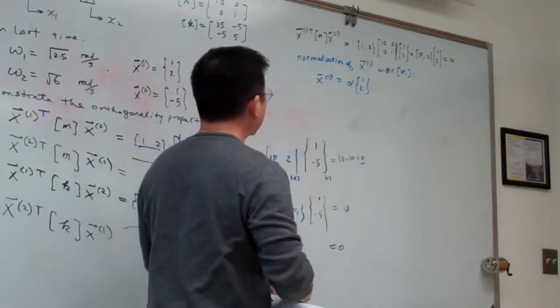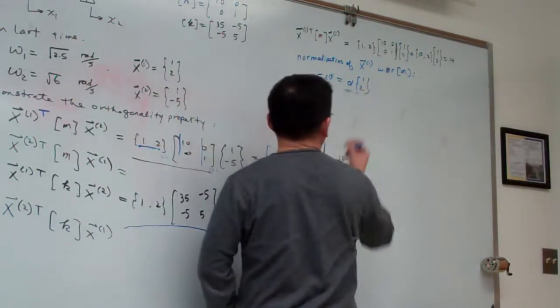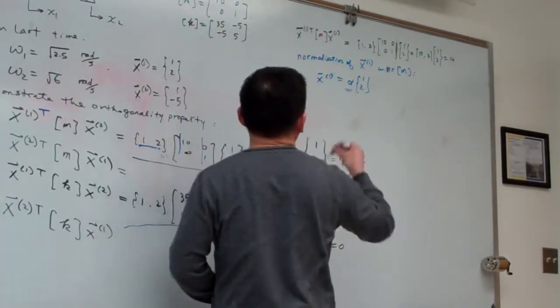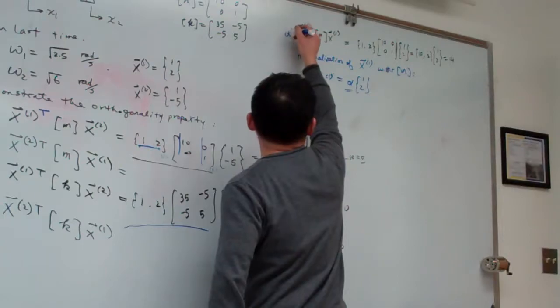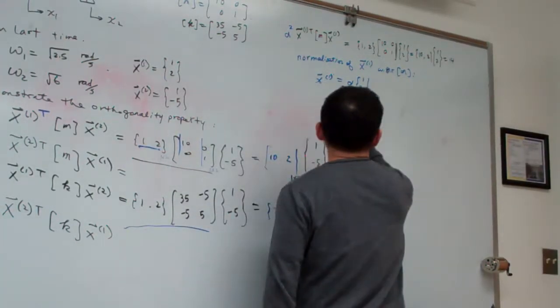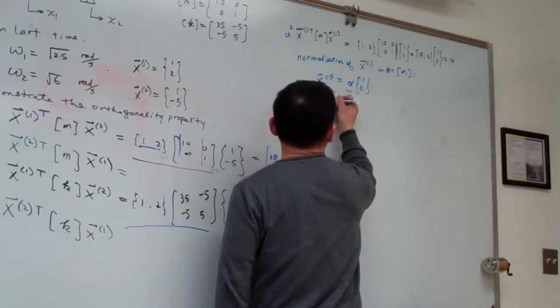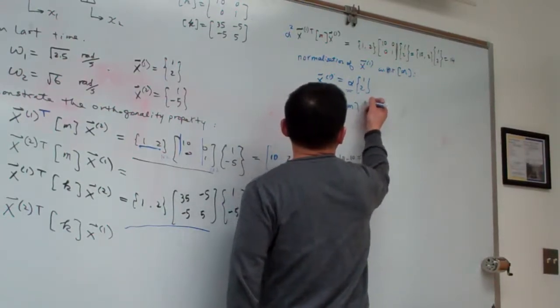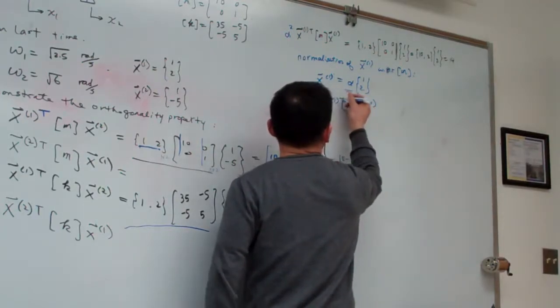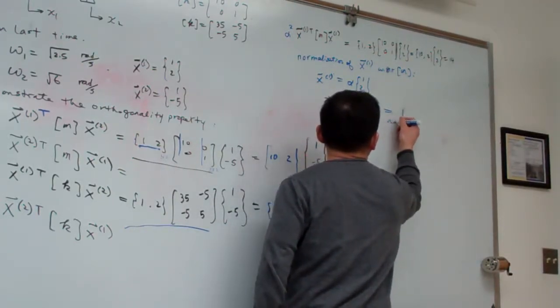Okay, so with this alpha, because right now I want to normalize, so basically repeat the same calculation. Right now we have two numbers here, so that is the alpha here. So we have x1 transpose m x1 equal to 1.